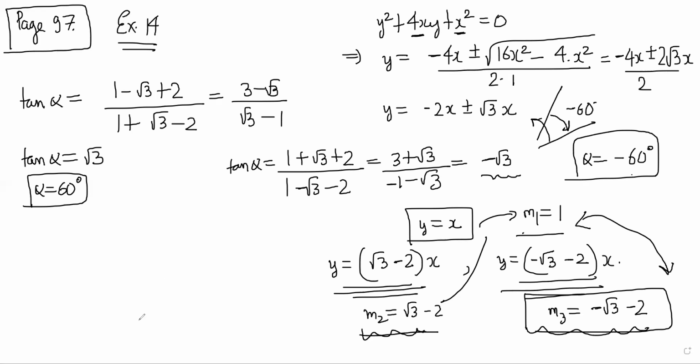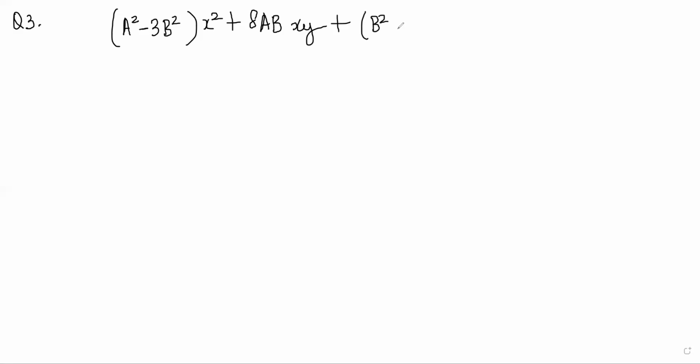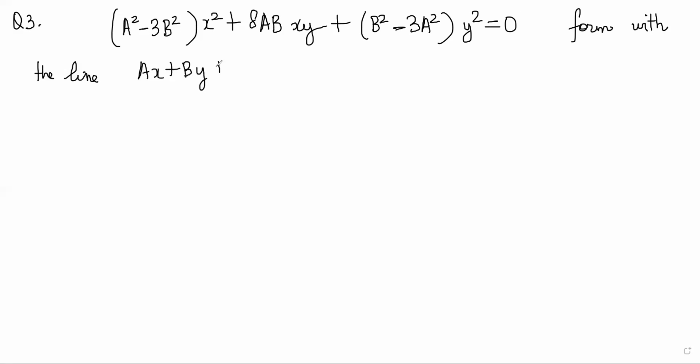The third question says, show that the straight lines a square minus 3b square x square plus 8ab xy plus b square minus 3a square y square is equal to 0 form, with the line ax plus by plus c is equal to 0, an equilateral triangle.